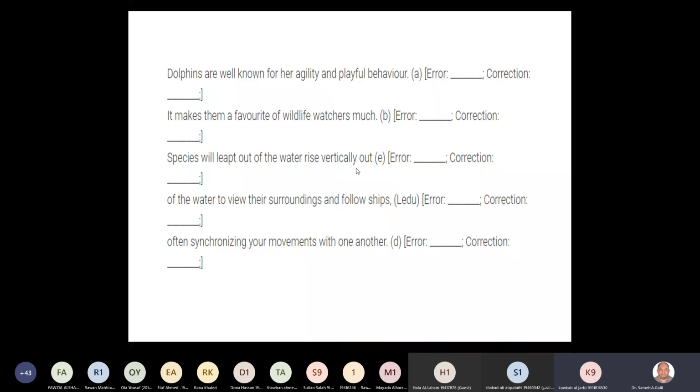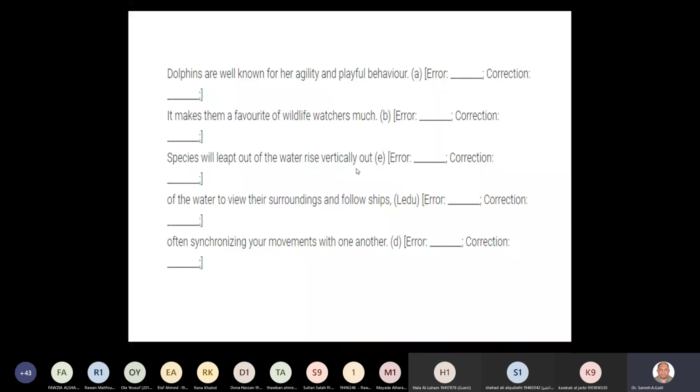Absolutely. If you have a modal verb like will, modal verbs are words like can, could, may, might, will, would and all these kinds of things. After them, the verb has to be in the base form, no to, right? So species will leap out of the water.